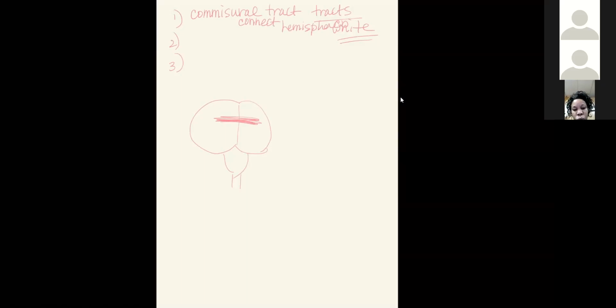One example of that is the corpus callosum. Projection tracks go up and down. So they're going to go longitudinally. They're going to connect information that's coming up the spinal cord and maybe through the brain stem to the cerebrum. So that's the way they're going.